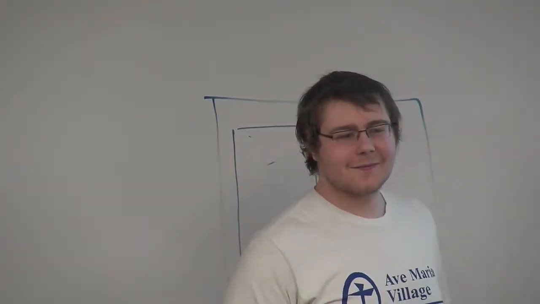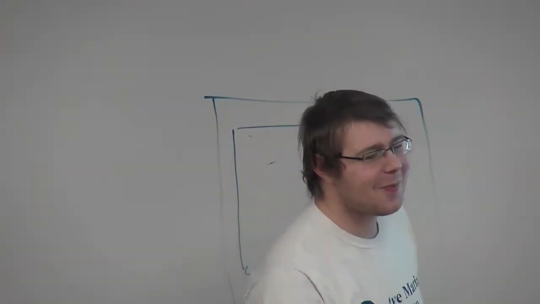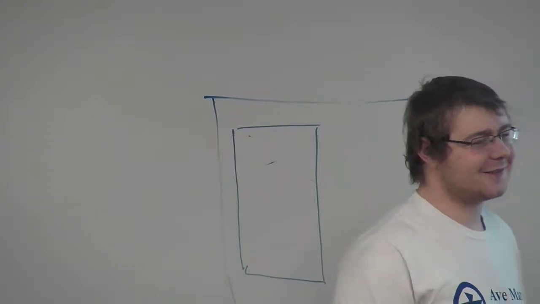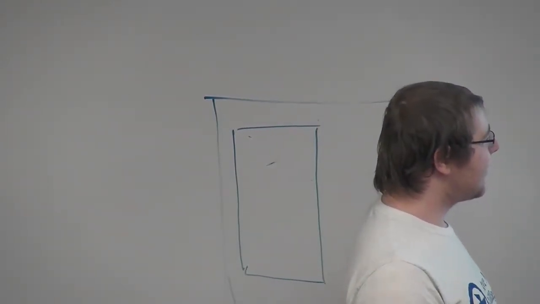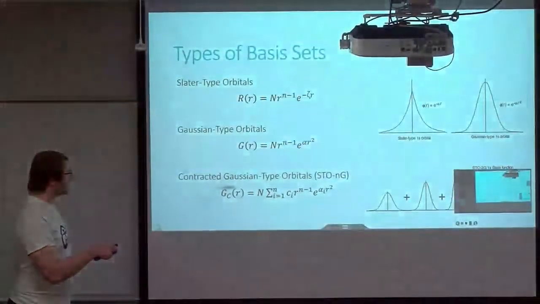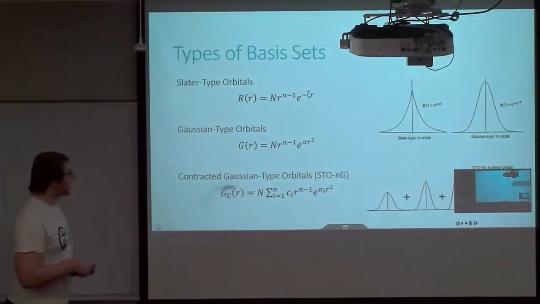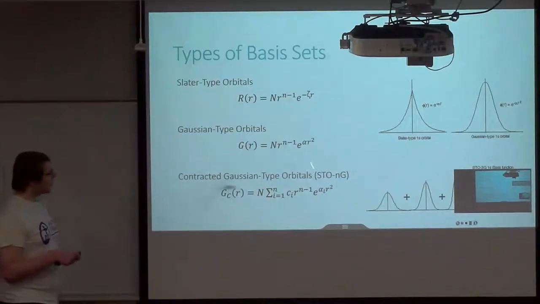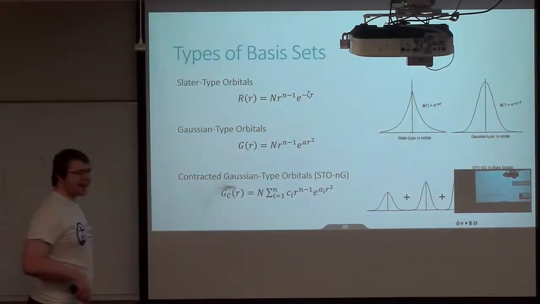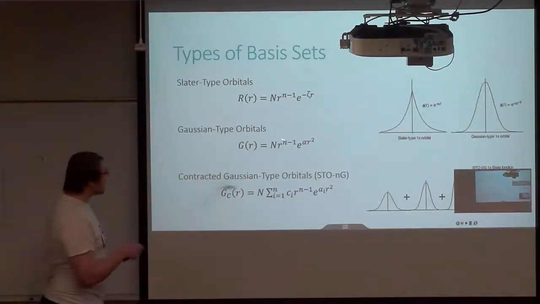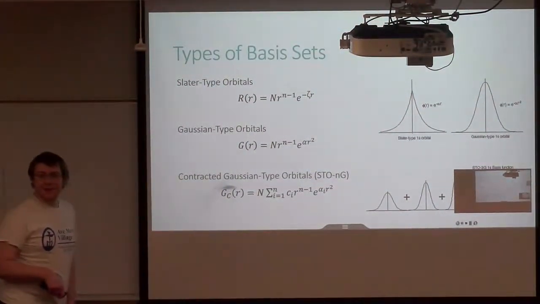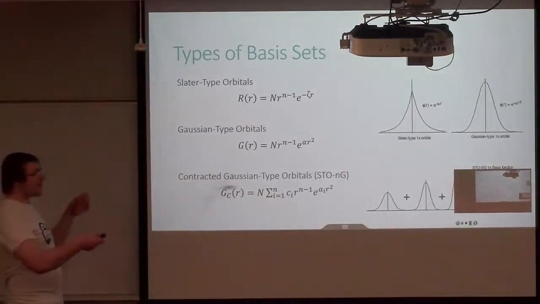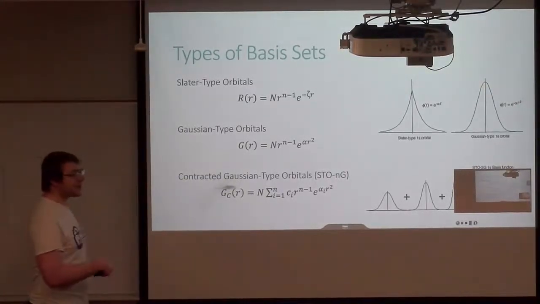More questions? Why is the Gaussian type preferred? Because of this square, this r squared here. Well, I think I forgot a negative sign. Yeah, I forgot a negative sign. Your alpha is negative in this case, which is important.